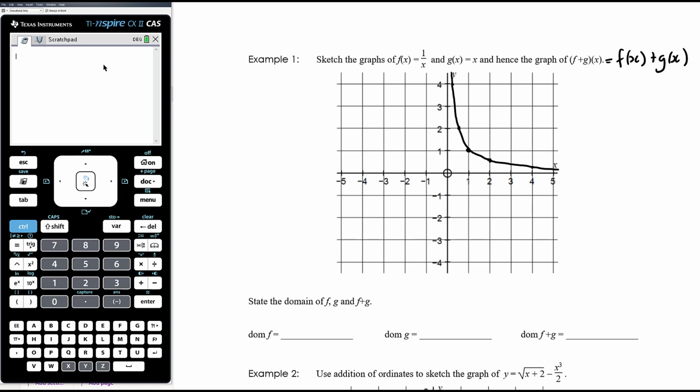So something like that, and then the mirror image over here: (-1, -1), (-2, -1/2), (-4, -1/4), (-1/2, -2), (-1/4, -4).